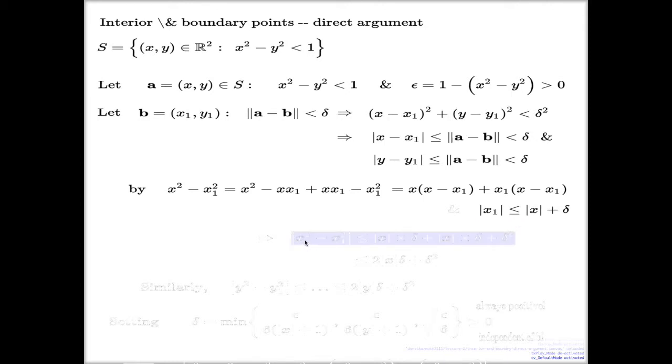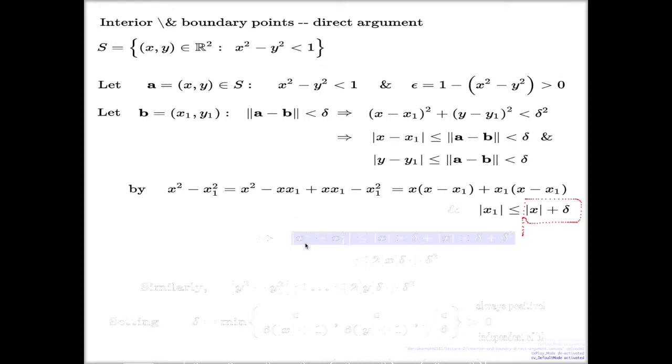And so, look what I'm going to say now. If I put the absolute value around this expression, it will be the same as if I put the absolute value around here and here with the less or equal sign. It's a triangle inequality. For absolute value of x, I will keep it. For absolute value of x1, I will replace it with this piece.